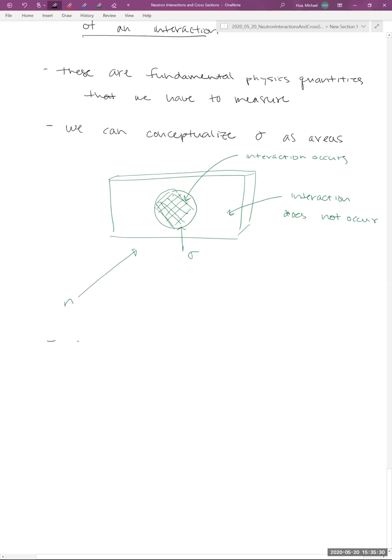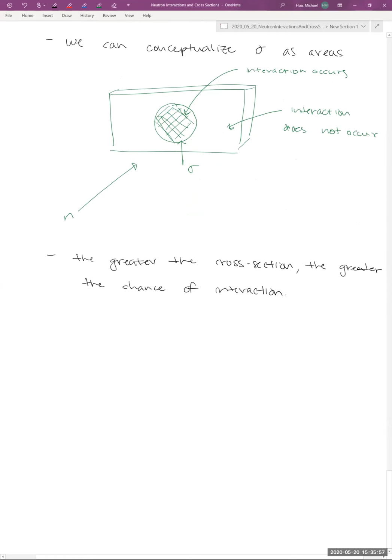So the greater the cross section, the greater the chance of interaction. And different interactions have different cross sections.